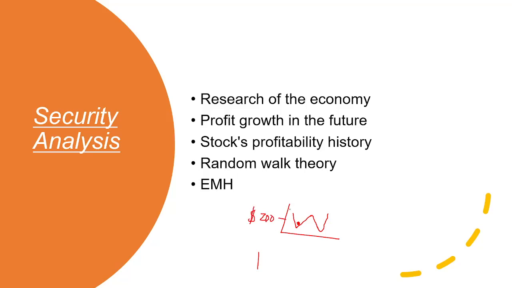Up here it's $210. So from this point all the way up here, if you had one stock, you would earn $10. If you have two stocks, you would make $20. If you have three stocks, you would make $30.